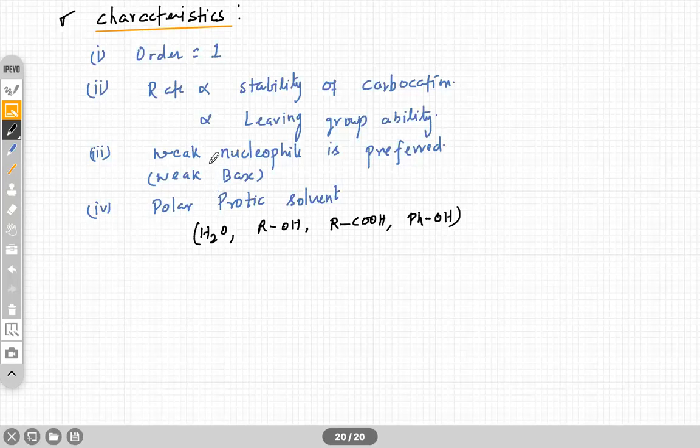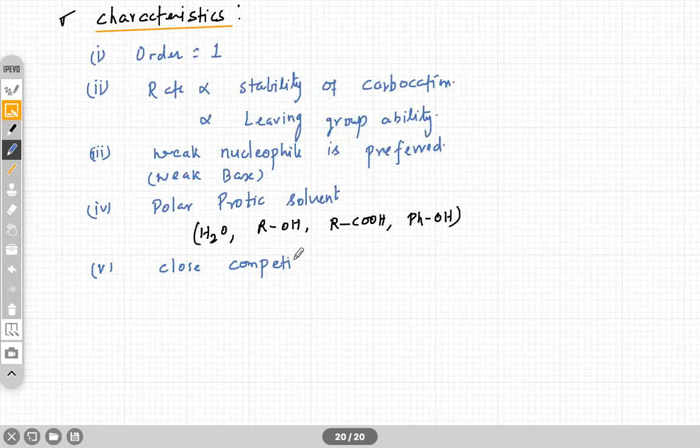Okay. So like I said, the steps are very similar to SN1. So in these reactions, there is a very close competition between SN1 and E1 reaction.